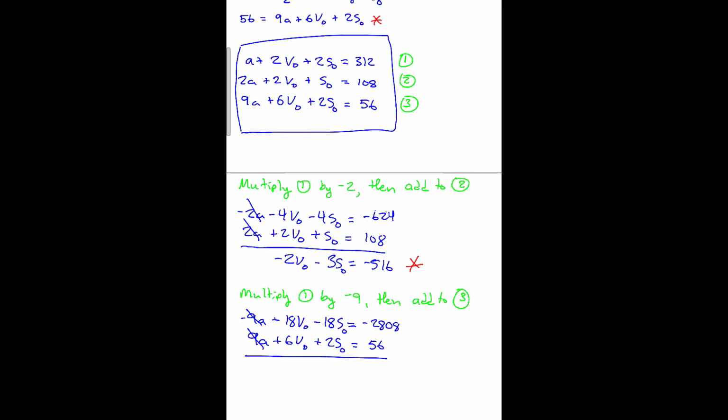So all I'm left with here is a negative 12v naught minus, not 12, I apologize, negative 16s naught equals a negative 2,752. So I'm going to come back to this equation and I'm going to star it real quick.